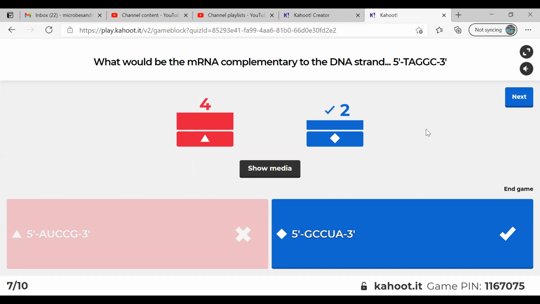So the complementary RNA is going to be 3' AUCCG, right? Or if I read it in the correct way, it's 5' GCCUA. So think about that one. Okay, come back and do this Kahoot if you need to, but that is the correct answer. Unfortunately, I don't have any way to draw on the screen here and go through this in a bit more detail, but we'll get some practice with those DNA sequence questions in the next couple of lectures. I'll do at least 1 or 2 more of them.